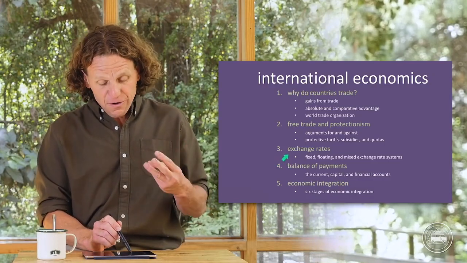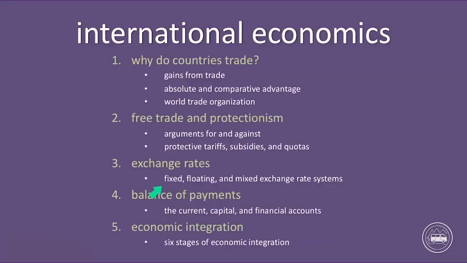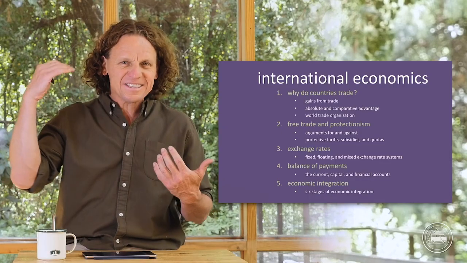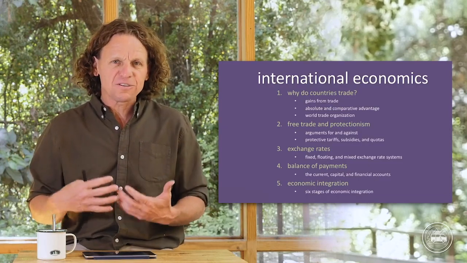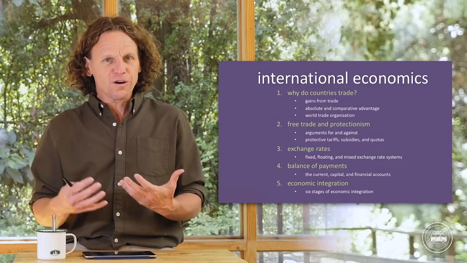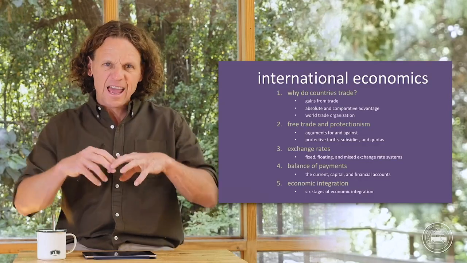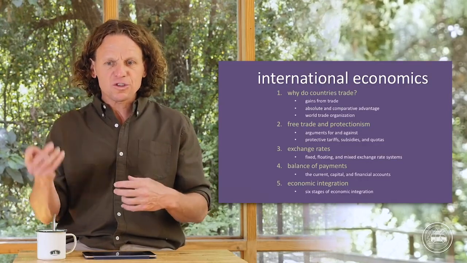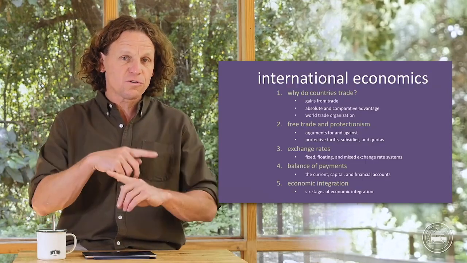The third one is even cooler because it looks at exchange rates. Fixed exchange rates, floating exchange rates, managed exchange rates. This is the stuff that goes on at the highest level of government institutions, central banks, and governing bodies who decide how our currency is impacted by trade. Every little thing that is sold between nations impacts the exchange rate between those countries.